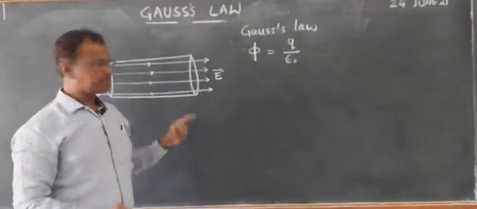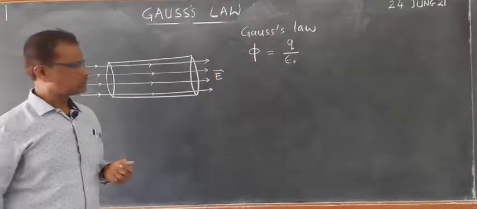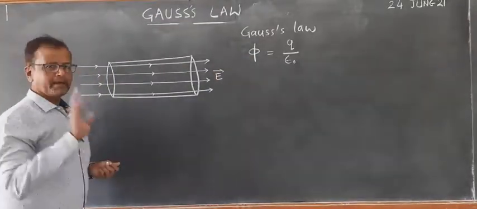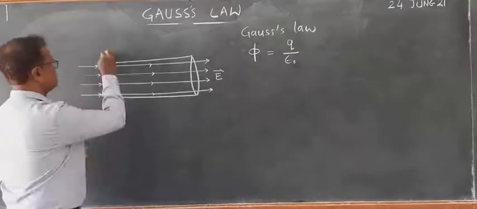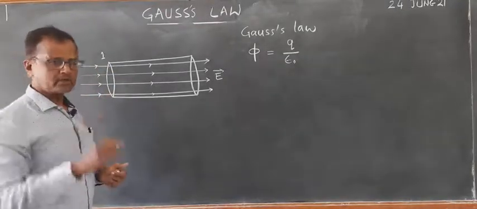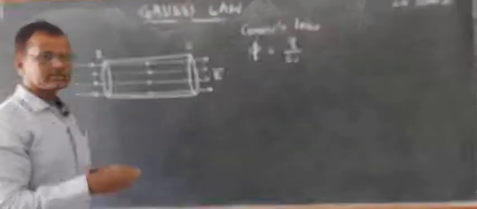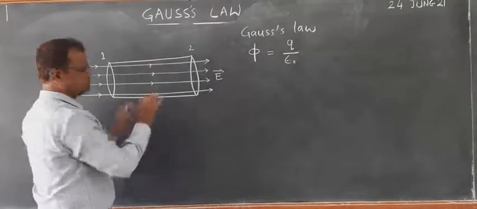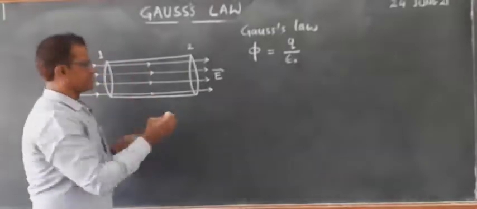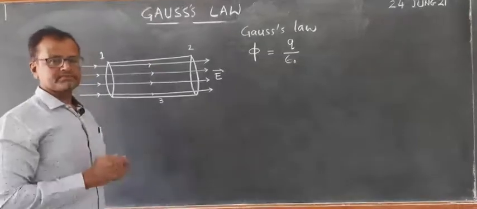Now, we will prove that there is no charge enclosed by actually calculating total flux. Total flux can be calculated by taking 3 surfaces: the left side circular surface, the right side circular surface, and the enclosing cylindrical surface. This is the cylindrical surface.